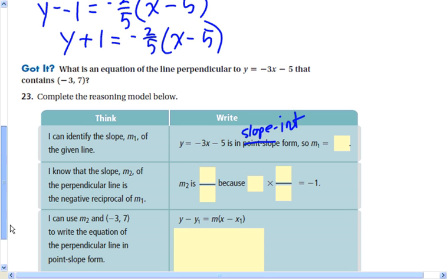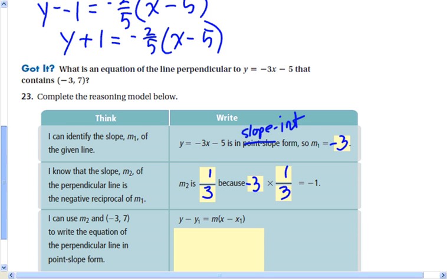So slope is negative 3. And so we know that the slope of the second line, the perpendicular line, is the negative reciprocal of that, which would make that 1/3, because negative 3 times 1/3 is equal to negative 1.